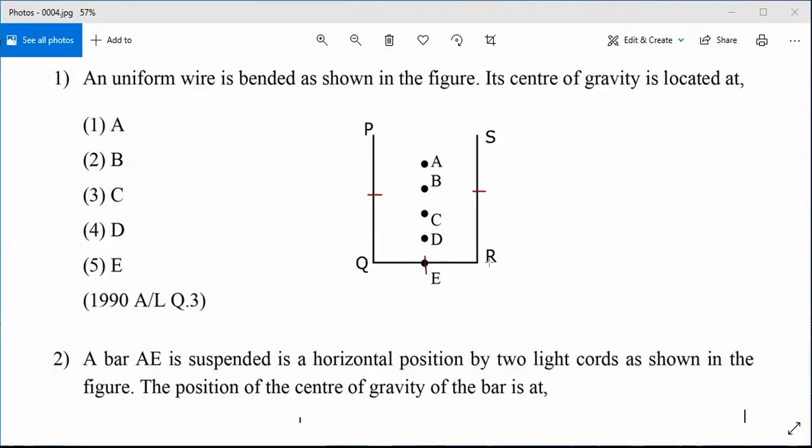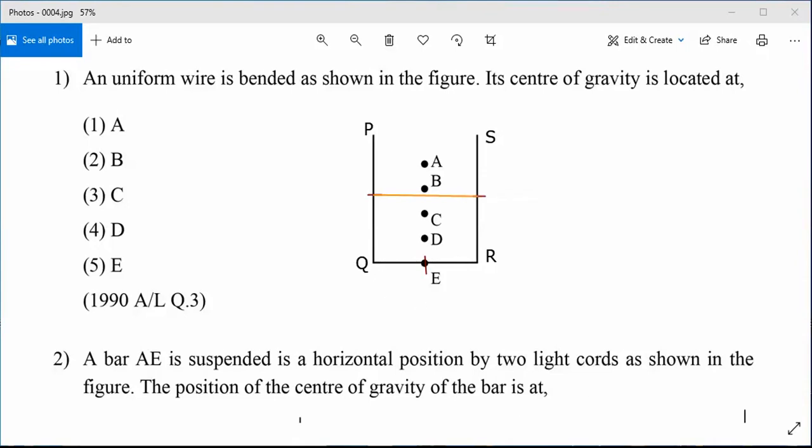So then the center of gravity of the entire system can be found like this. We can join these two points. So center of this SR is here, right?